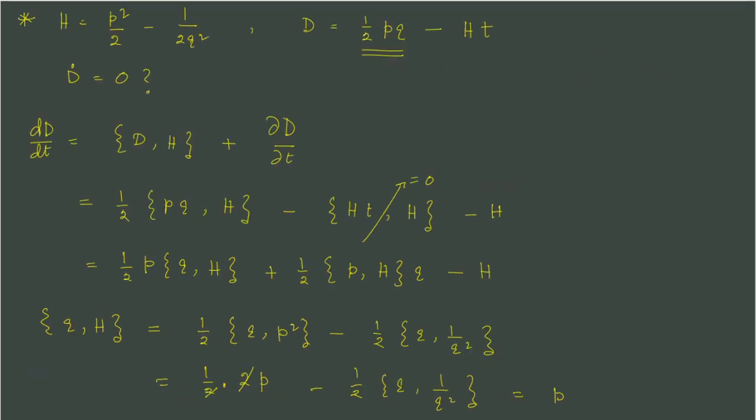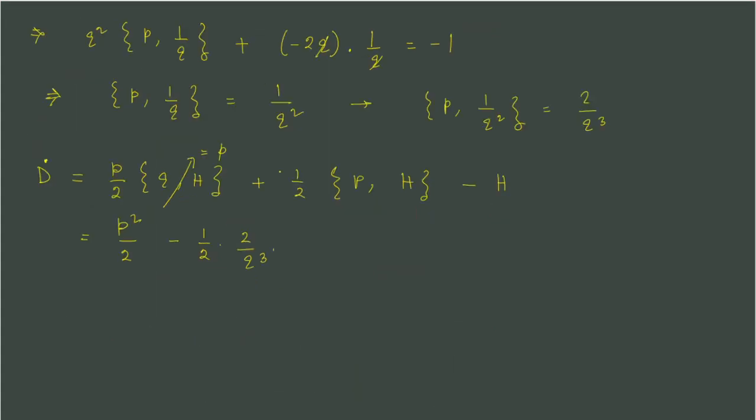If we remember, we had half of pH and Q. Okay, so half of pH Q, and this is 2 by q cube and minus p square by 2 plus 1 by 2 q square, and it's clear that everything cancels, so you have 0. So that means we have just now proved that d is indeed an integral of motion.